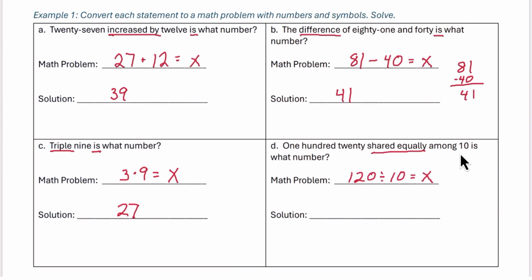And then off to the side, we can do 120 divided by 10. 10 goes into 12 one time. Multiply, we get 10. Subtract, we get a 2. Bring down the 0. 10 goes into 20 2 times. 2 times 10 is 20. Subtract, and we get a 0 remainder. So the solution here is 12.